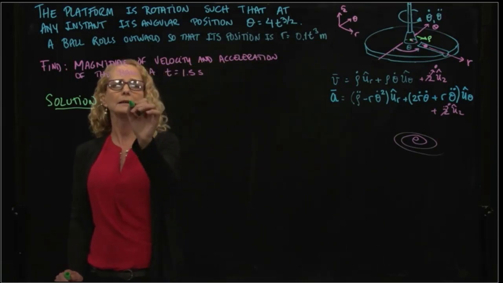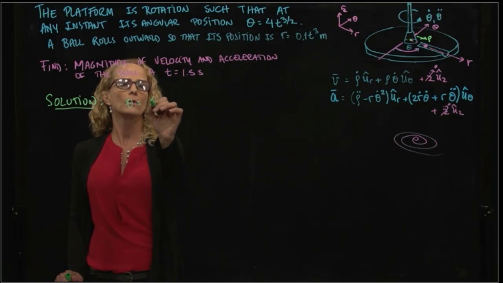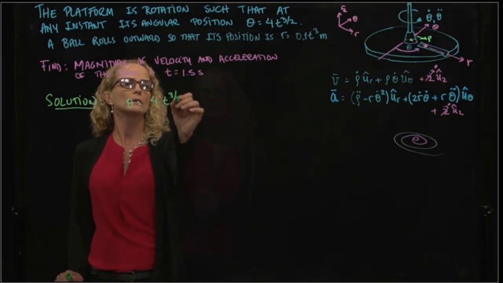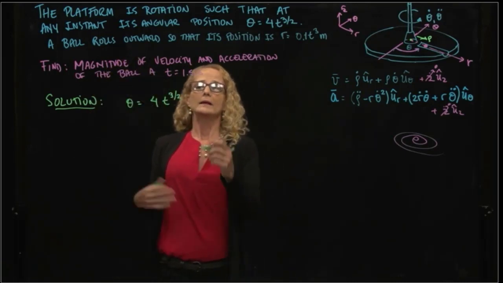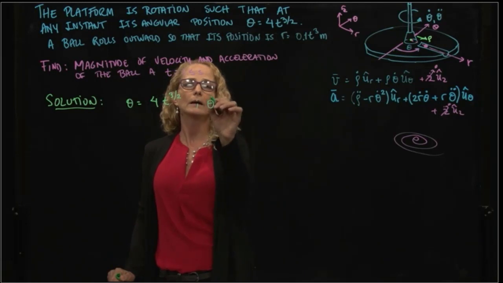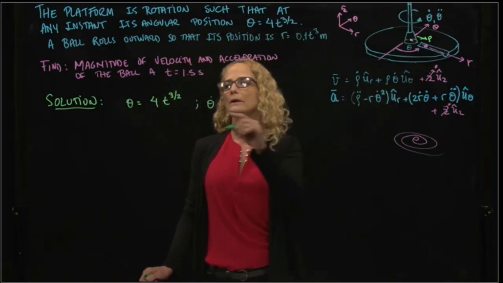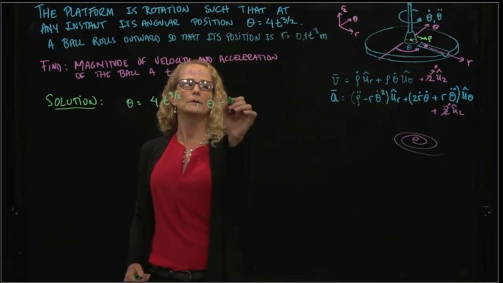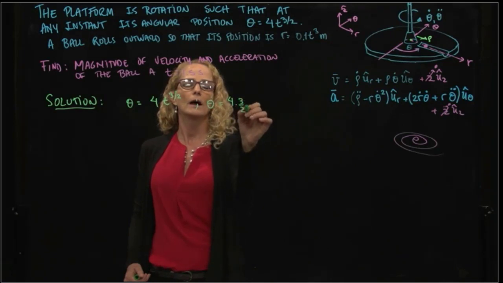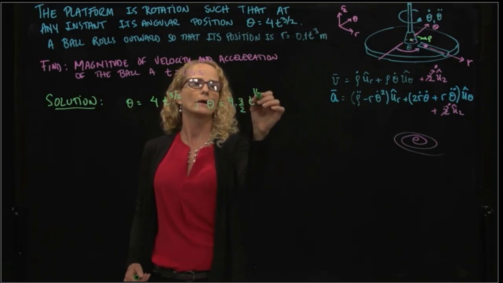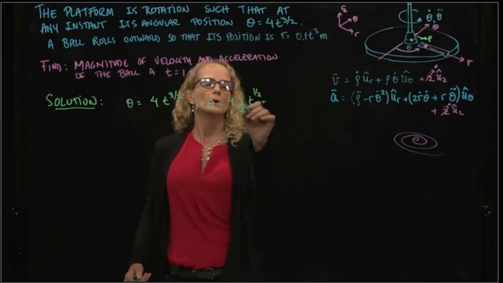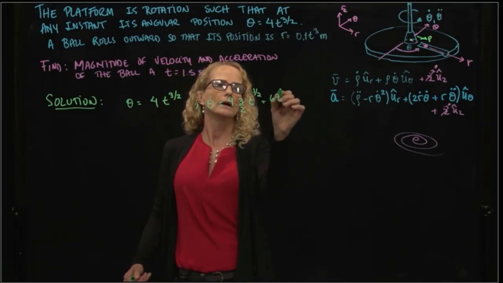So we have theta, which is 4t to the 3/2, and then we want to find theta dot, because that's what we need here. The derivative of that will be 4 times 3/2, t to the 1/2, and that's equal to 6t to the 1/2.